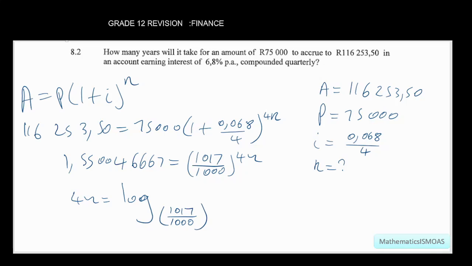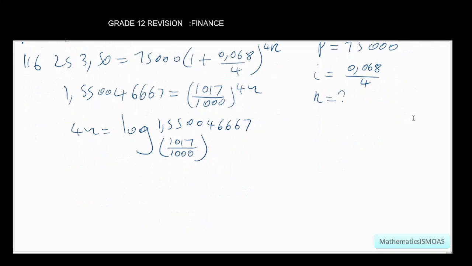and the number will be 1.550046667. Remember, write these decimal numbers in full, since you have not yet calculated the final answer. You only round off the final answer. Then use your calculator, and we will get 4n as 25.99999967, and then divide both sides by 4.